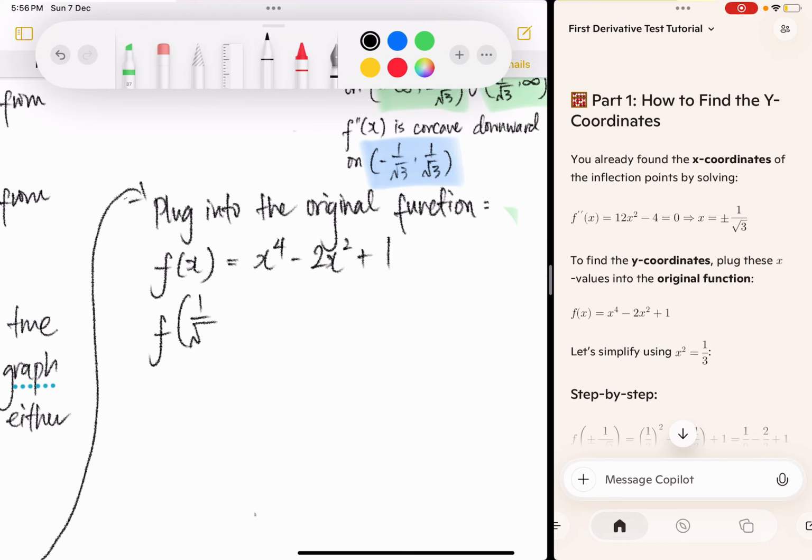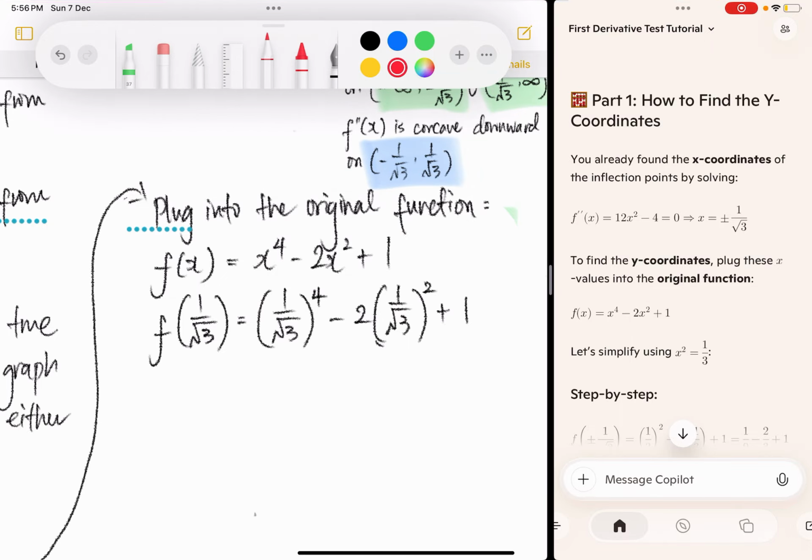f of 1 over square root of 3 is equal to 1 over square root of 3 to the power of 4, minus 2 times 1 over square root of 3 squared, plus 1. We can cancel this out by multiplying by the square root, remember? The square root is cancelled, but you only need the square, so this will be minus 2.